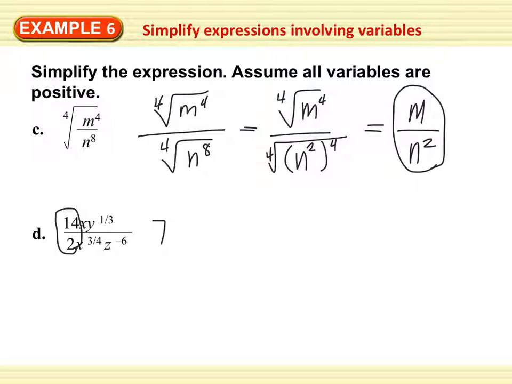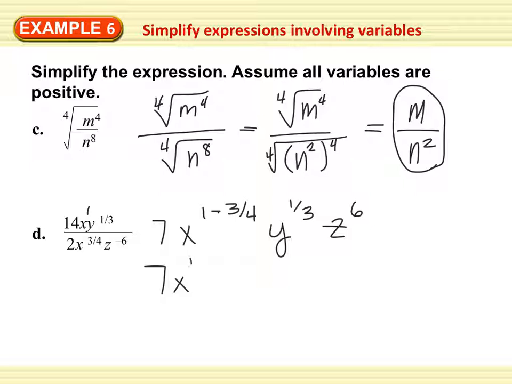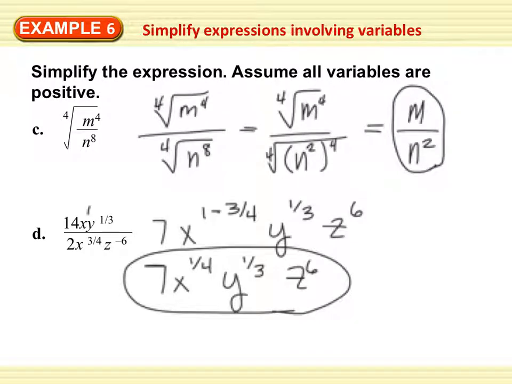I have x to the 1st power minus 3/4, because the base is x, the exponent on top is the 1, exponent on the bottom is the 3/4. y to the 1/3 and z to the positive 6 if I bring it up to the numerator. So 1 minus 3/4 is 1/4. This one's going to stay, and z to the 6th. There's not much I can do with that one.